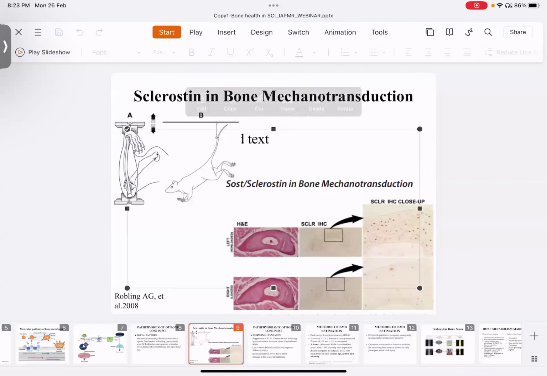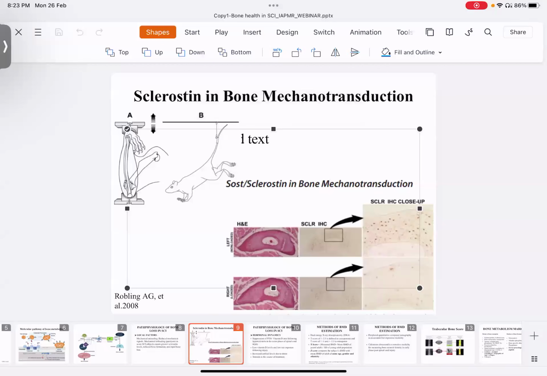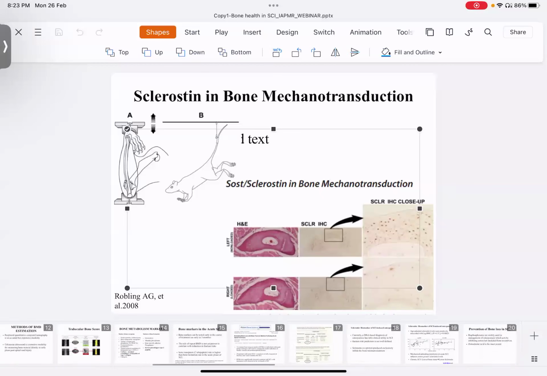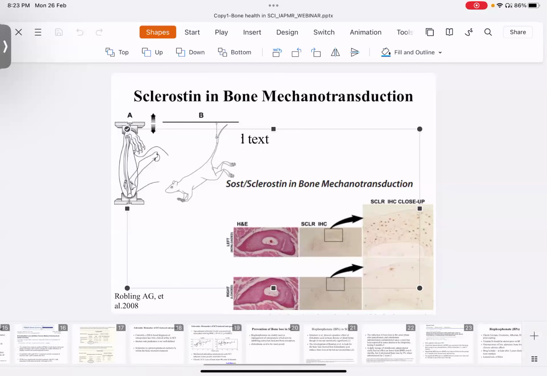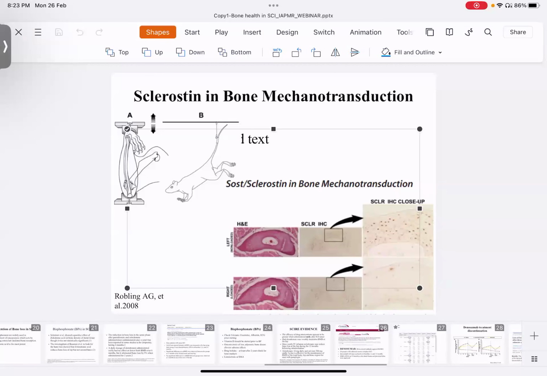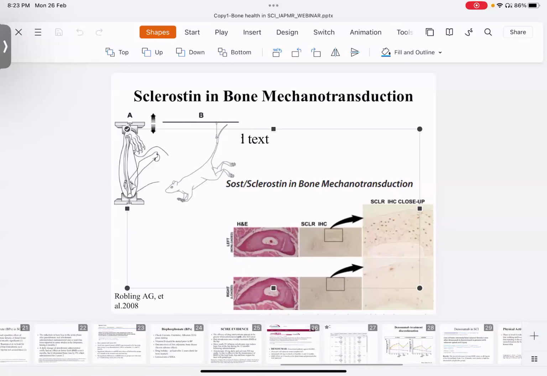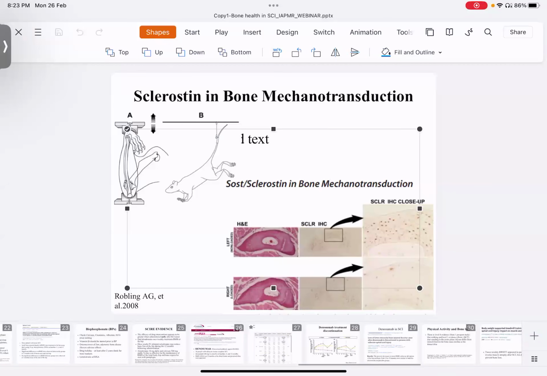In the rat model, they showed nicely that once the part of the rat is unloaded, there is a high level of sclerostin-induced bone loss. So if you go with this theory, then definitely you have to make the patient go for therapeutic standing, although the evidence is poor.